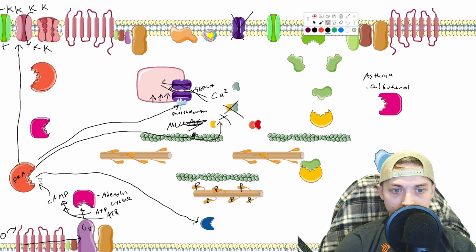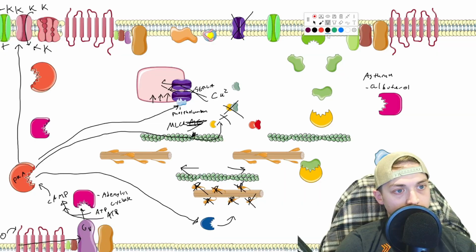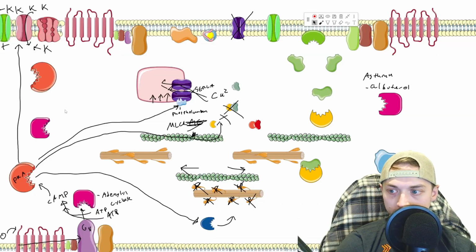The other thing it's going to do is come down here, and just like in the nitric oxide pathway, it's going to turn back on MLCP, or myosin light chain phosphatase. And once that is on, these phosphates are going to get deleted, and our smooth muscle is going to relax. Okay. All right, let's go to the next slide and we will draw it out.